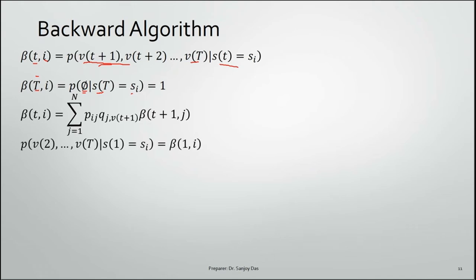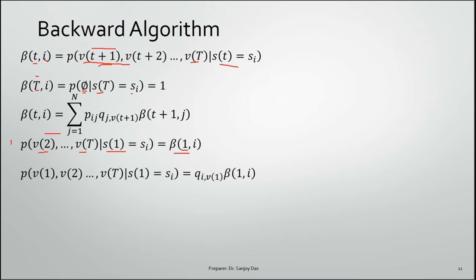Now, what's the probability of V_2 to V_T given S_1 equals S_i? That's beta_1(i). All I've done is replace t with 1, and so t plus 1 becomes 2. The future starts from time step 2. So beta_1(i) is given by this probability here.